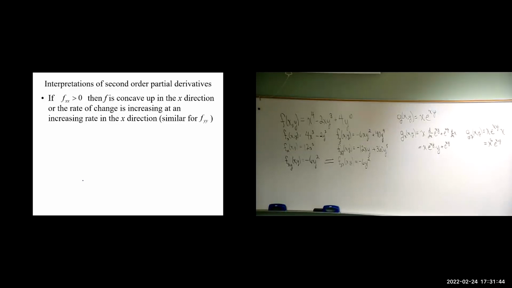The second order partials talk about how the rate of change is changing, just like the second derivative does for the first derivative. So f sub xx, if it's positive, we have concave up in the x direction. If it's negative, we would have concave down. Same thing goes for f sub yy. That'll be really useful next week when we start looking at the second derivative test for determining what type of critical points we have.